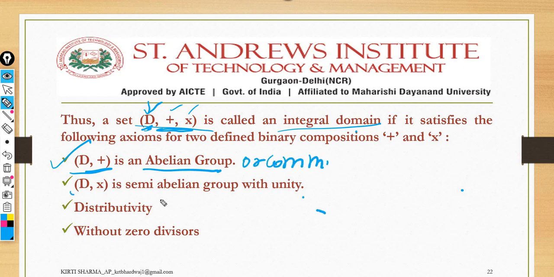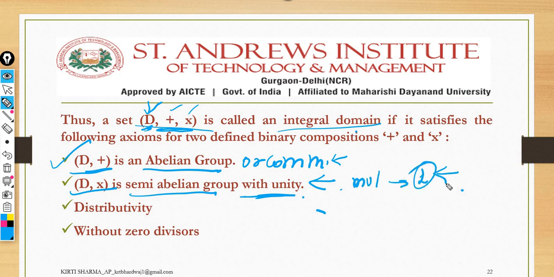Okay, so next it should satisfy the semigroup, like with the unity. We have already mentioned the second property was with unity. That means it should be commutative with unity. What does it mean? In case of multiplication, we have the identity element as 1. That is the unit element itself of that set. So it should satisfy the condition of the unity also.